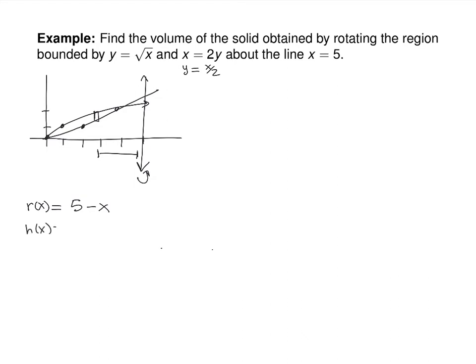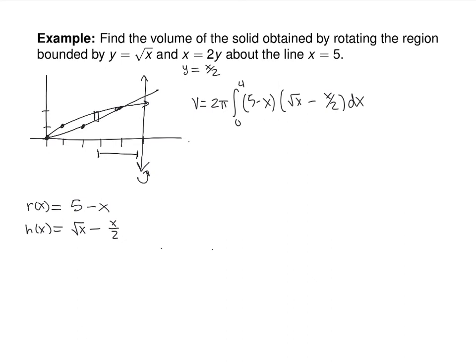My height function, top curve is root x, bottom curve is x over 2. And your slices begin at x equals 0, they end at x equals 4. So the volume is 2 pi, integral 0 to 4, radius 5 minus x, height root x minus x over 2.